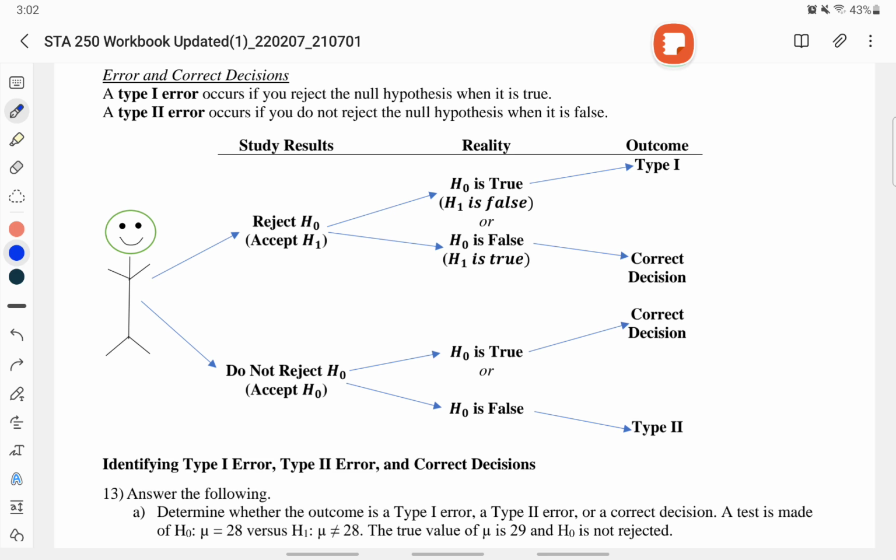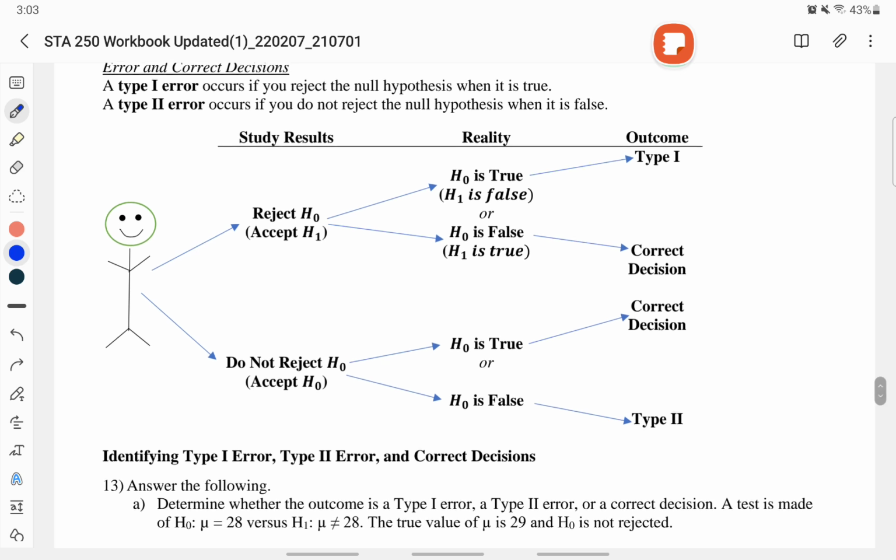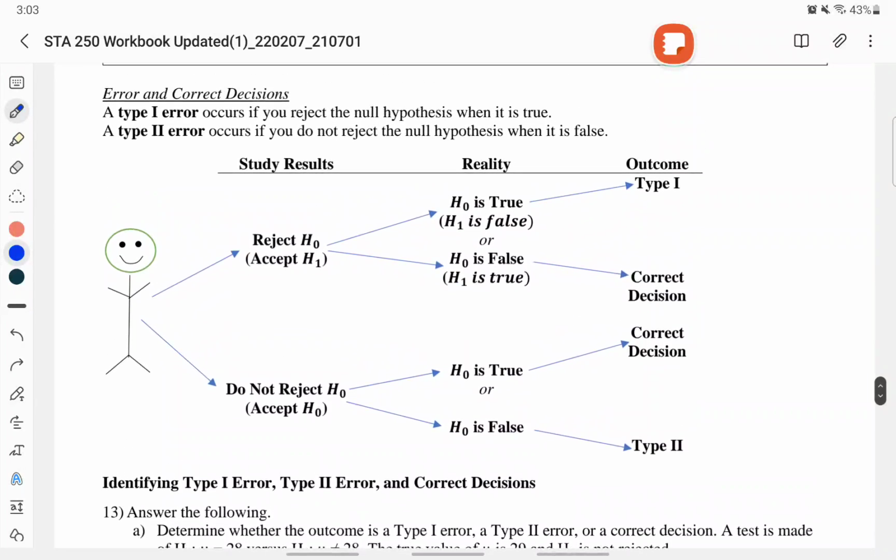So, here is the diagram that lets us know if it's a type 1 error, a type 2 error, or a correct decision. If you are rejecting the null hypothesis, but the null is true, because you rejected true information, that is a type 1 error. If you are rejecting the null hypothesis, and in reality, the null is false, because you rejected something that is false, that is a correct decision.